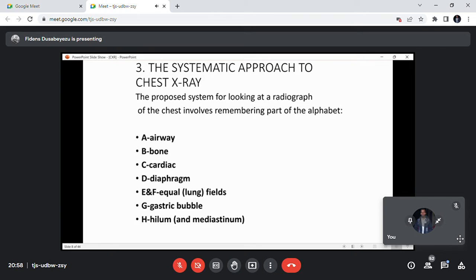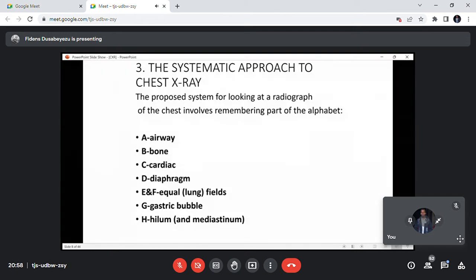Check one rib from another, step by step, 1, 2, 3, 4, 5, 10. Everywhere from the neck, the axilla, chest wall, the diaphragm, soft tissue. You check everywhere.